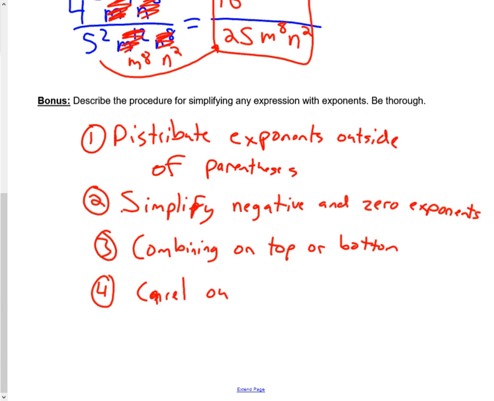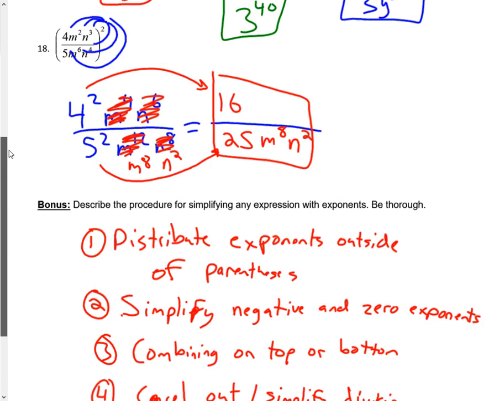Then cancel things out, which would be simplifying division. So all you can do is really those 4 things. The order is not necessarily crucial, but that's my suggested order for you.